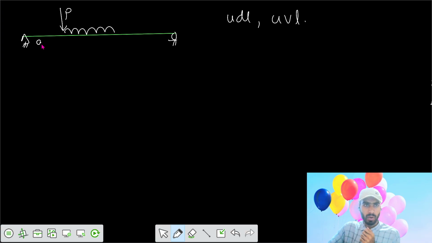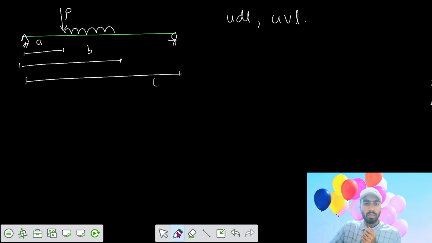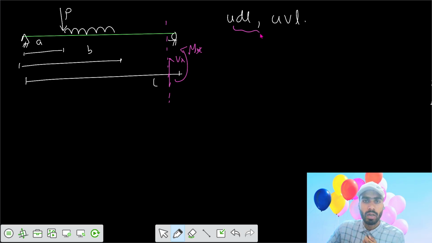Say this was point A, and this was your point B, and this was your length L. Macaulay says to cut the section just before the end of the span. Here the shear is Vx, and moment is Mx. Now Macaulay says for the UDL and UVL, you have to do one thing.